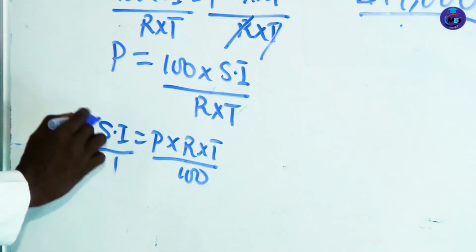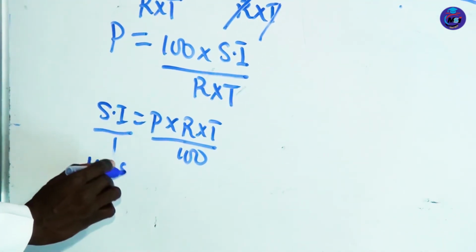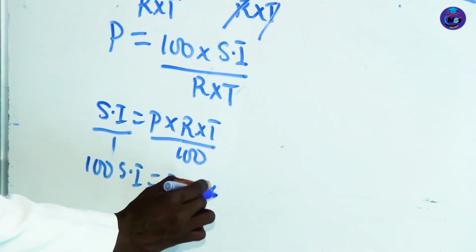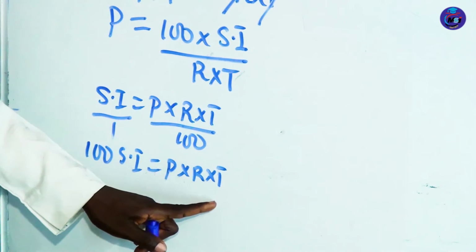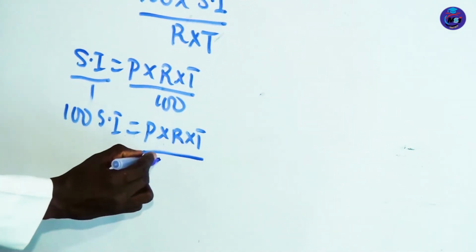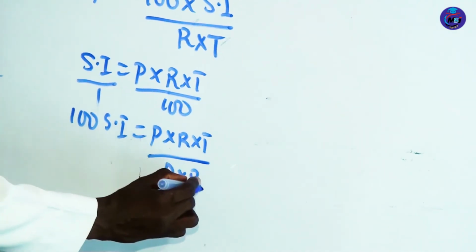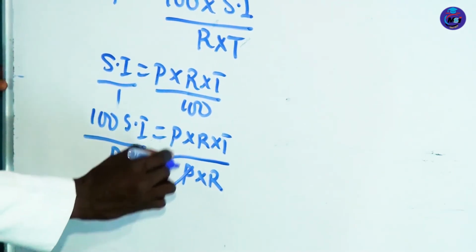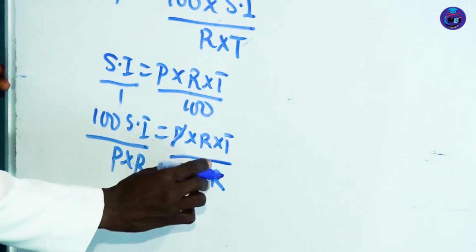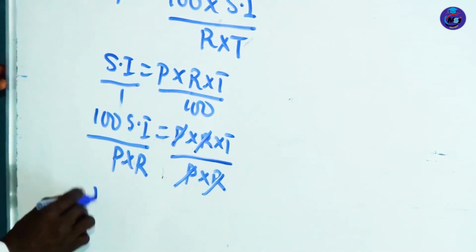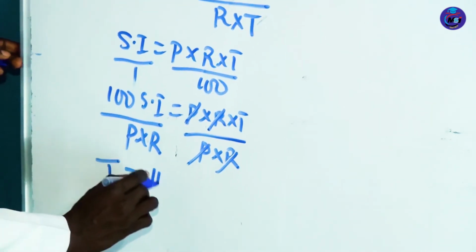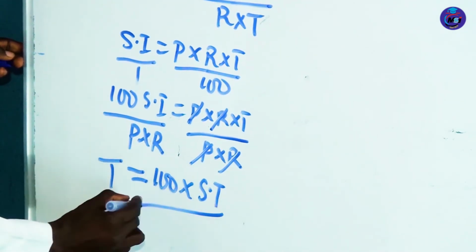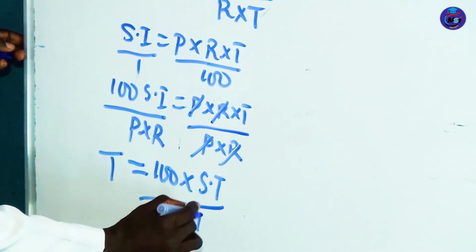When you divide it by 1, you cross multiply. 100 SI equals P times R times T. You are looking for T. You divide both sides by P times R. Okay, P cancels P, R cancels R. So T will give you 100 times SI all over P times R.